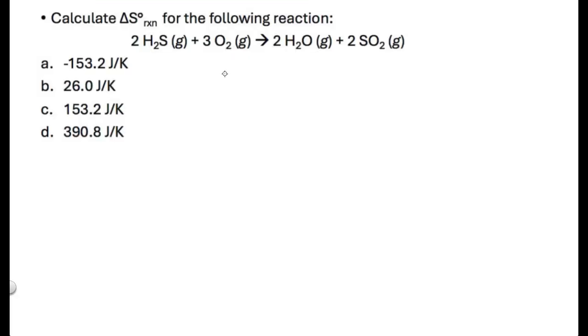Okay, let's try this question. How would you attack this? So we write the equation delta S standard conditions of the reaction equals the sum of n S standard of the products minus the sum of m S standard of the reactants.